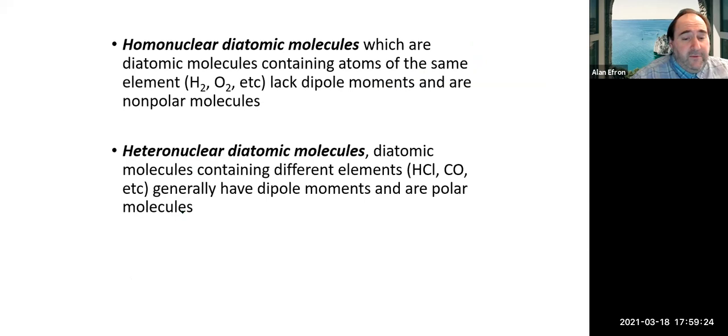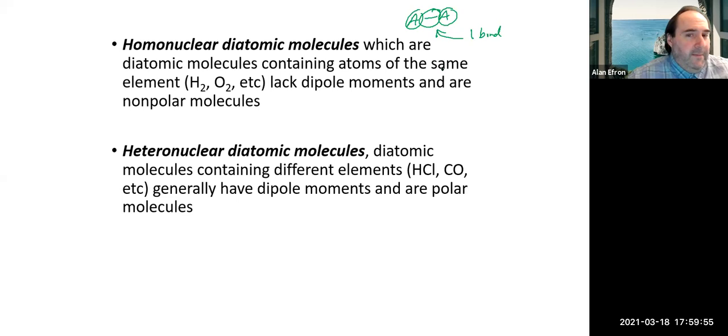So let's start with the simplest ones to determine molecular polarity, and these are diatomic molecules. Diatomic molecules are probably the easiest to determine because there's only two atoms there. And because there's only two atoms present, that usually means there's really only one bond as well.